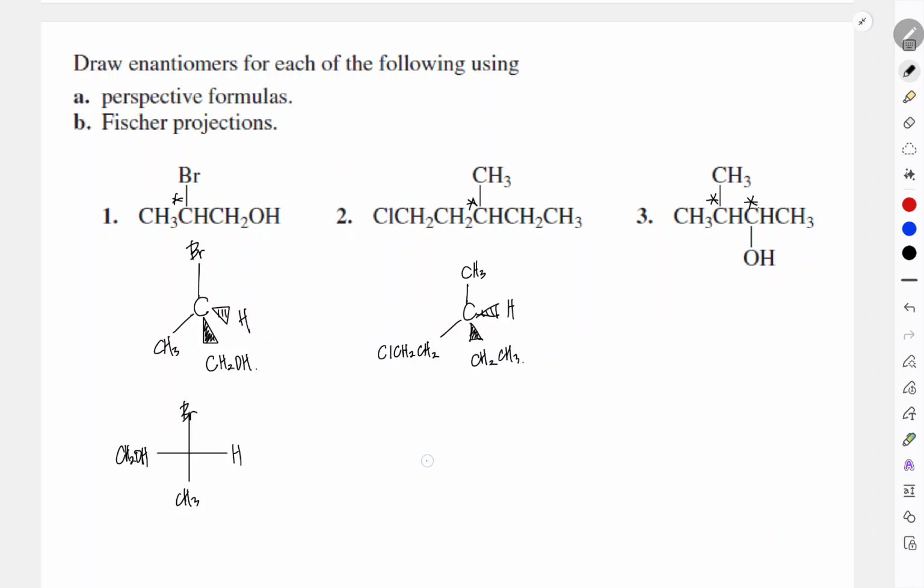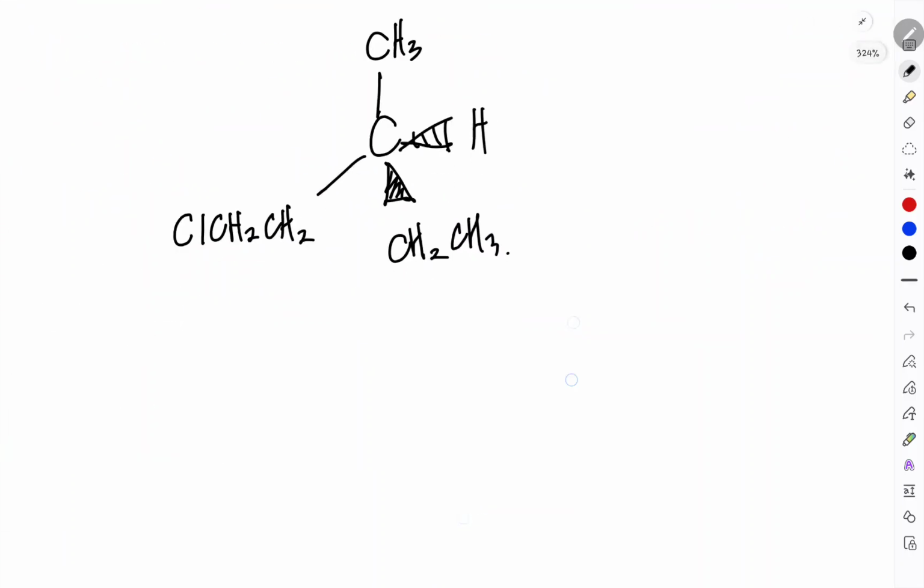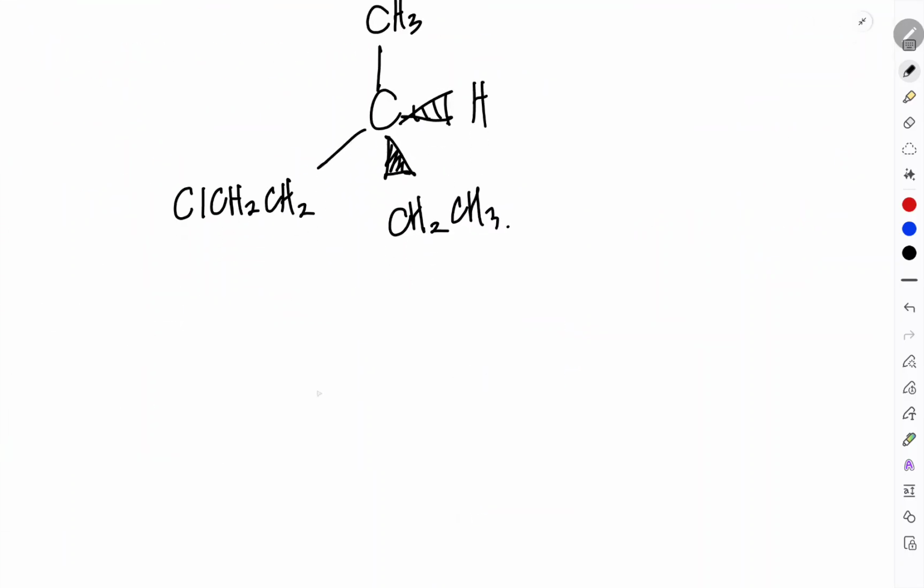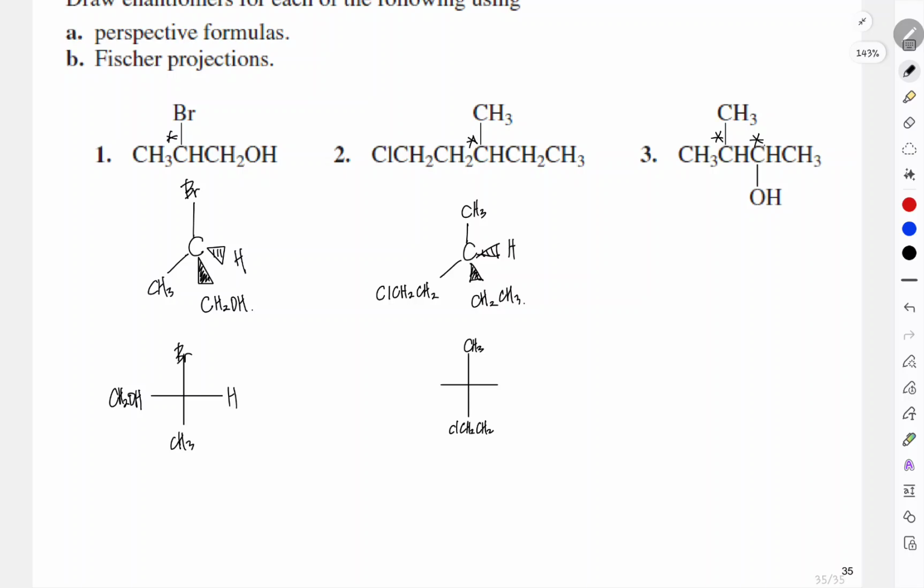And then you can draw the second enantiomer, just literally drawing the mirror image to that. That's one way. Or you can simply exchange, right, two substituents. You can exchange this. This will give you the second enantiomer, right, from the upper one.